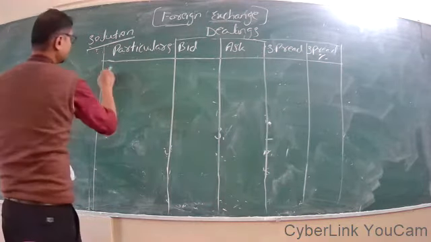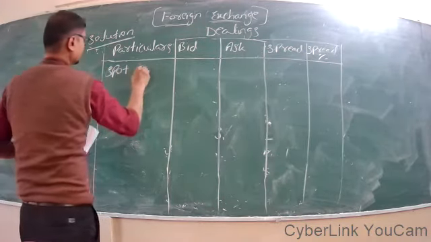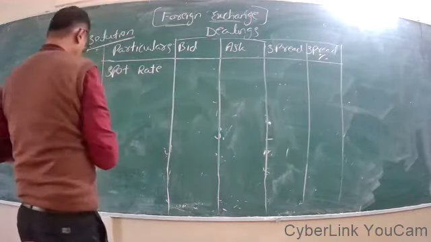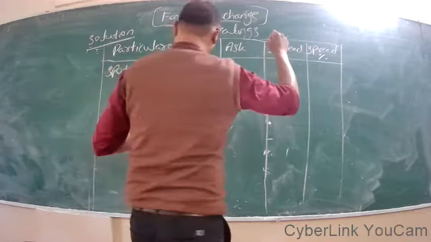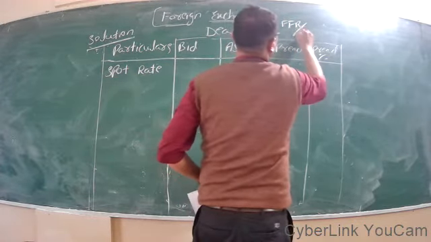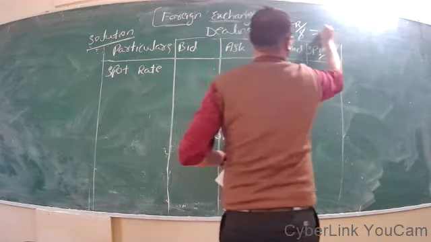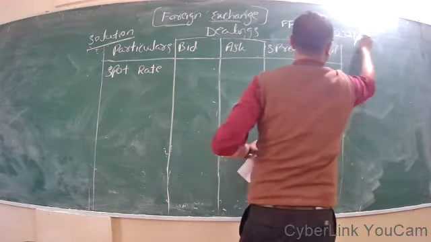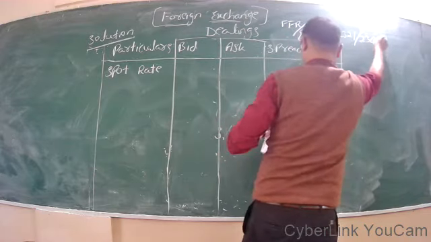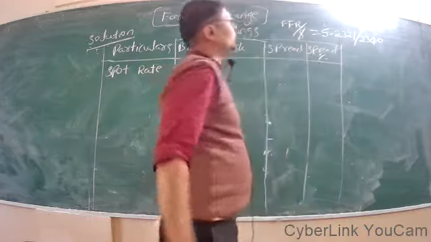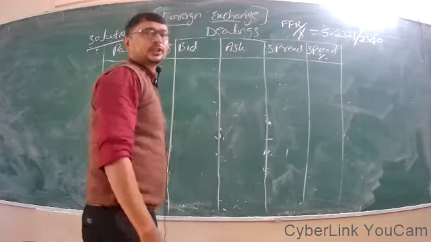So the spot rate given in the problem is French francs per US dollar: 5.2321 oblique 2340. That means 5.2321 and 5.2340.